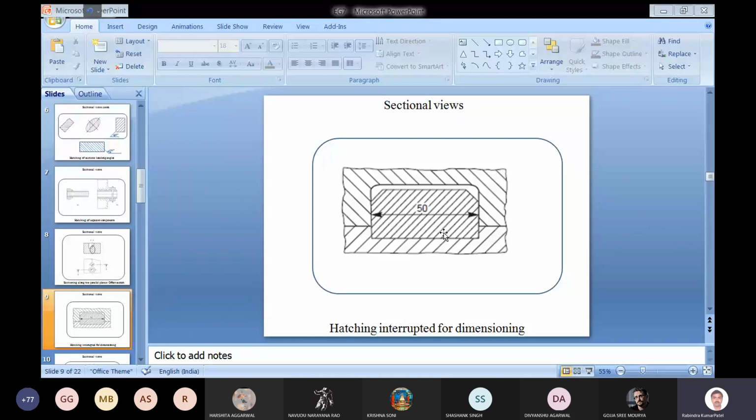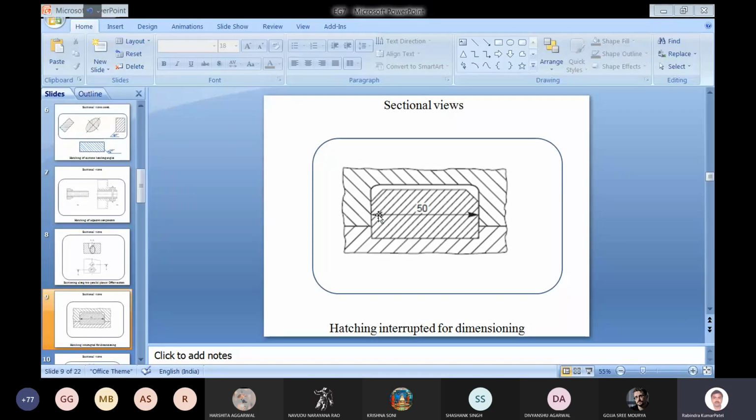Hatching interrupted means if we want to write anything or put dimensional detail, we can interrupt the hatching, and there we can put the dimension line.